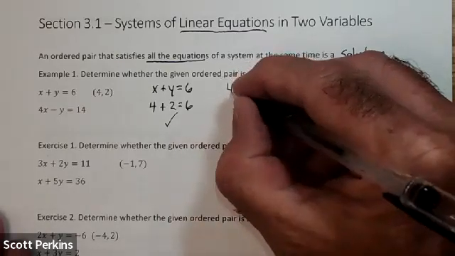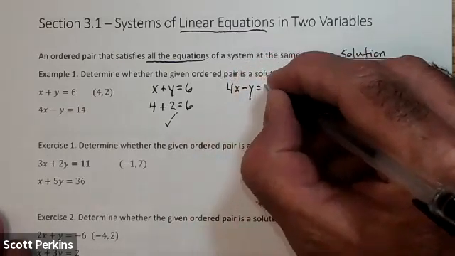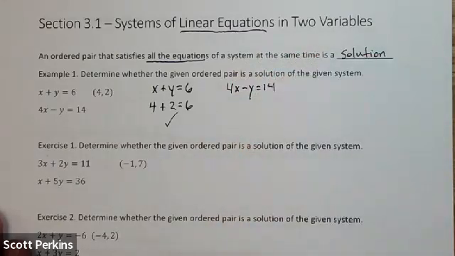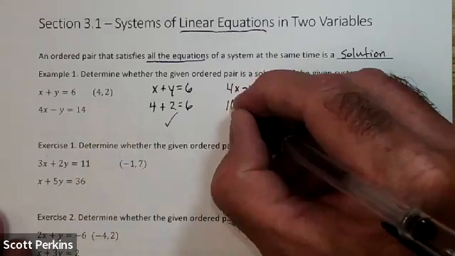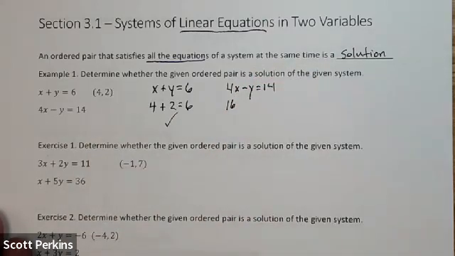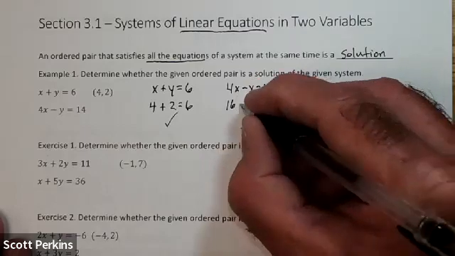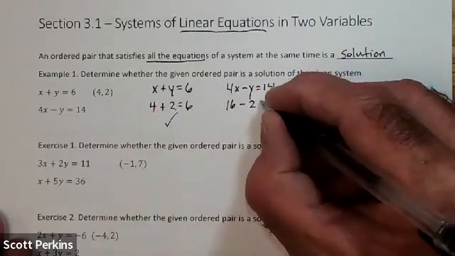The second equation is 4x minus y is equal to 14. I'm going to take the 4 and the 2, the x and the y. So the 4 for x: 4 times 4 is 16. Does everyone see where I got that 16 from? I don't want to lose anybody, but I'm just saving a little room on my page. So 4 times 4 is 16, minus the y value, which is 2, is equal to 14.